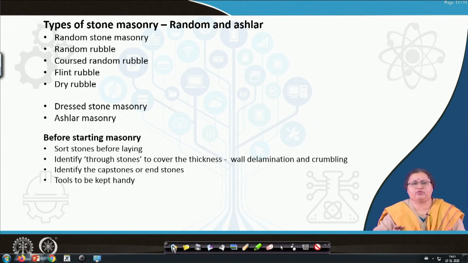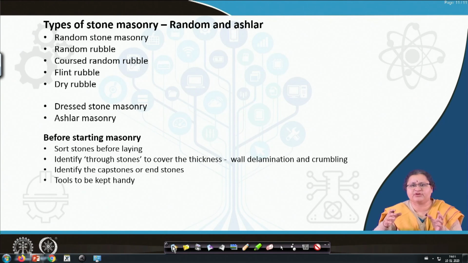Through stones, when you know the thickness of the wall, you have to look for through stones which can run continuous in the transverse direction. You have to look for capstones, that is the ending stone or the starting stone, which will be more or less regular in shape. So, you have to start with a capstone and then go forward with continuous through stones at intervals to get a good masonry wall.